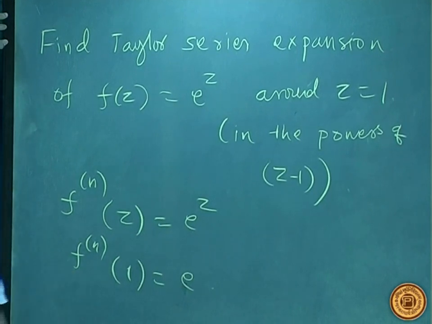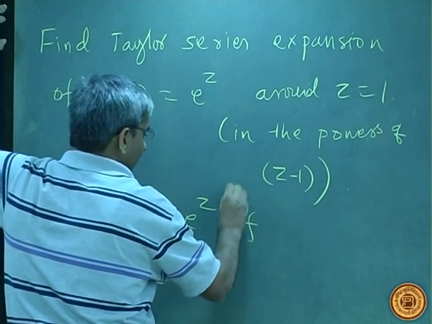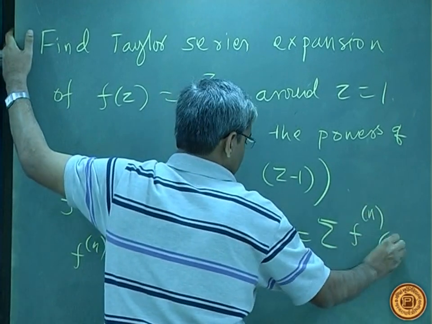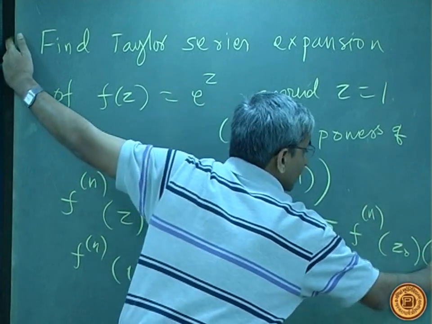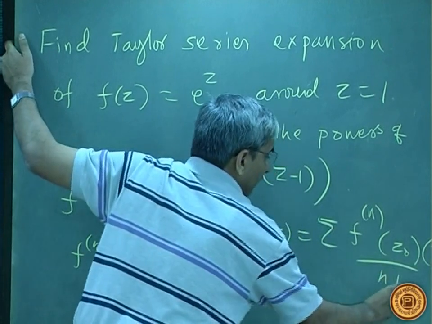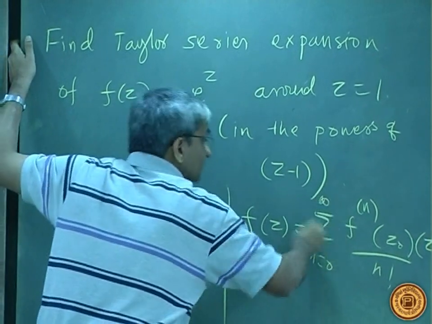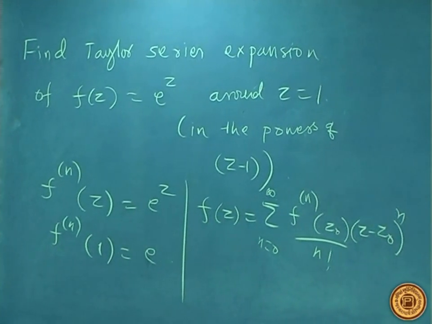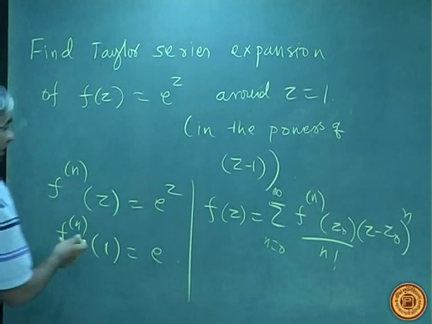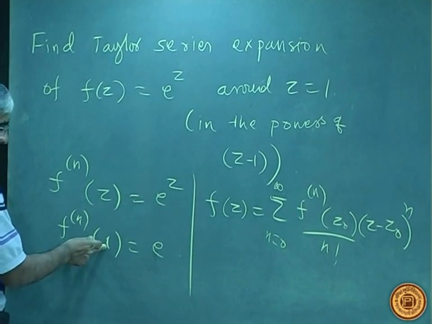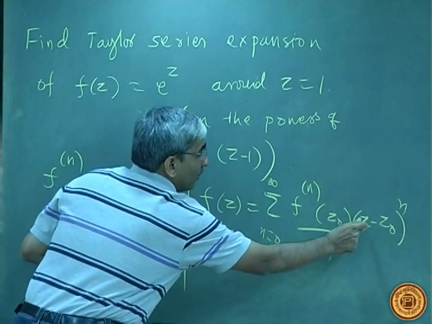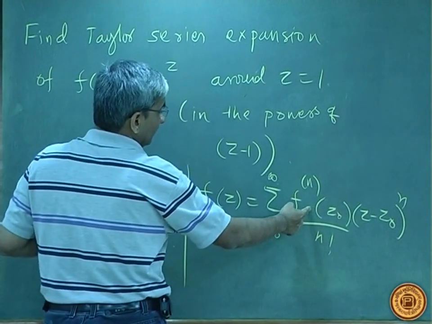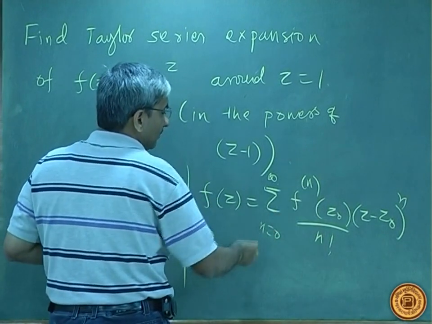Now once you do this, what is the Taylor series expansion? Then f of z, we know that it is the nth derivative at z0 into (z minus z0) to the power n divided by n factorial, n from 0 to infinity. So this is the Taylor series. This you have already found. Your z0 is 1 now, because you want the expansion in powers of z minus 1. But this is e, for any n it is e, so e will come out.